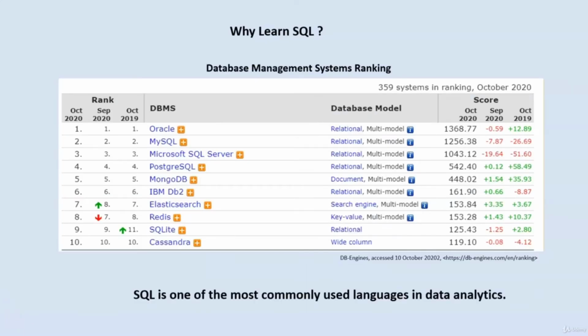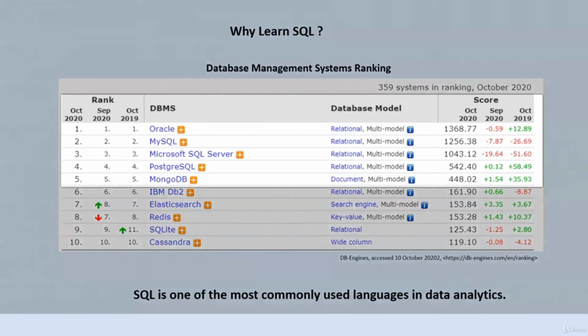Let's take a look at this ranking. Shortly, we will talk about database management systems, but to explain what this ranking is, most companies that use data in any form need to store their data in a database. In order to manage the data inside of the database, we need a database management system, and this ranking shows the popularity of different database management systems as of October 2020.